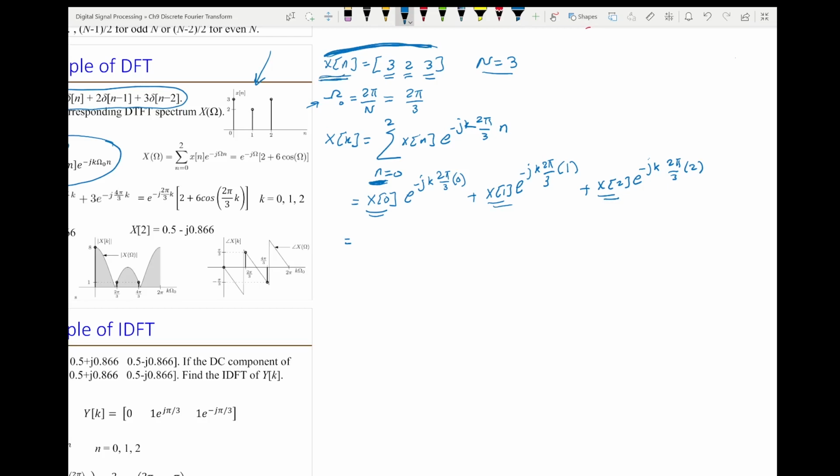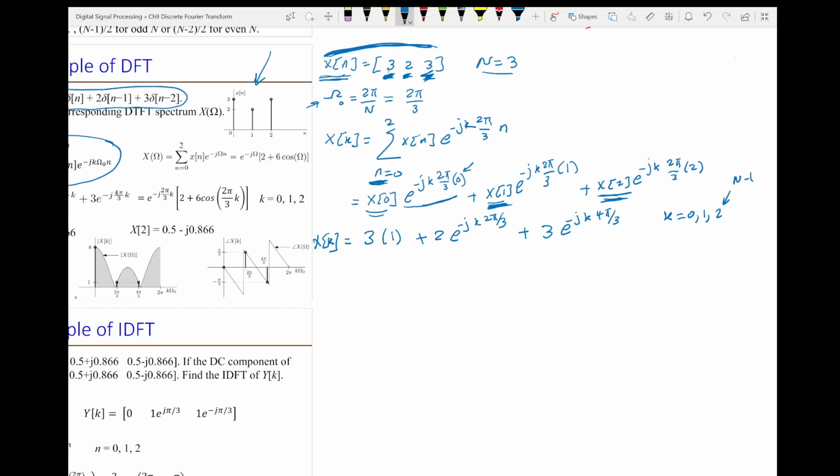So x0 is 3, and e to the power of 0 is 1, plus x1 here is 2, plus x2 here is 3. For k, remember, k equals 0, 1, 2. The last one is always n minus 1. That's how much data you have.